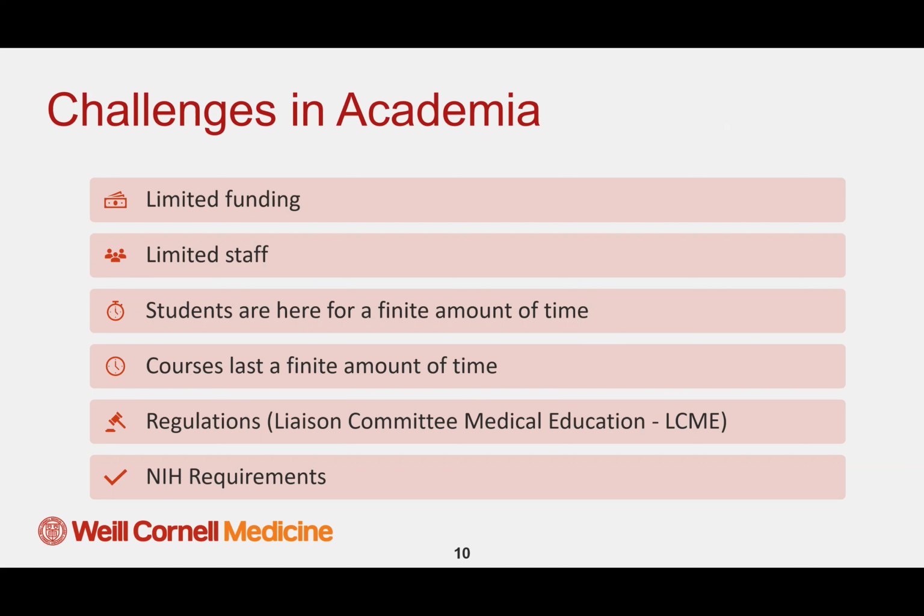So if you really want to do your best for your students, you're kind of shortchanged. You've got to make sure you do the work before the semester starts, so to speak. And of course, our students are only here for either 2 years or 4 years. So we want to do the best that we can while they're here. Then there are, of course, other regulations, such as either the National Institutes of Health or the LCME. This also puts an impact on the way we do our work. And that's just to name a few. I'm pretty sure all of you on the call can share additional challenges.